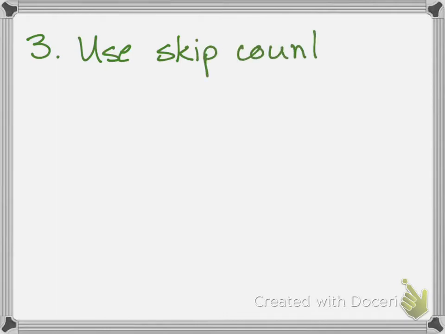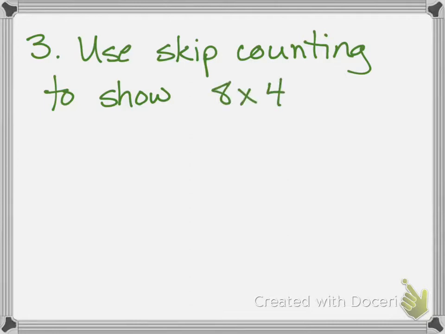All right, number 3. Use skip counting to show, let's do 8 times 4. Okay, look at your cheat sheet. What are you counting by and how many times are you going to count it, right?